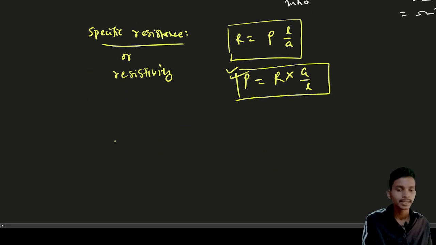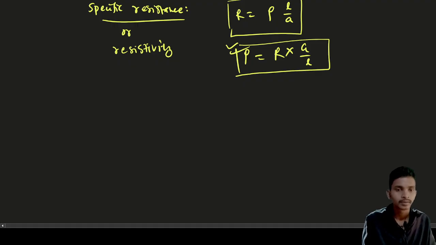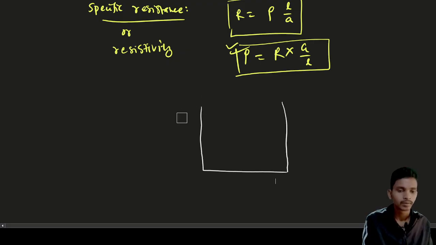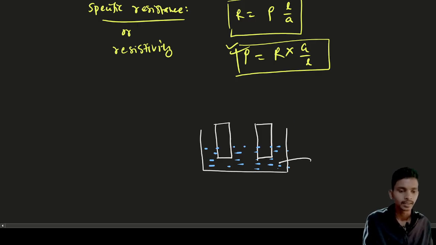So how did this formula come? Let's say I have electrode rods, and let's say an electrolyte is there, let's say NaCl.